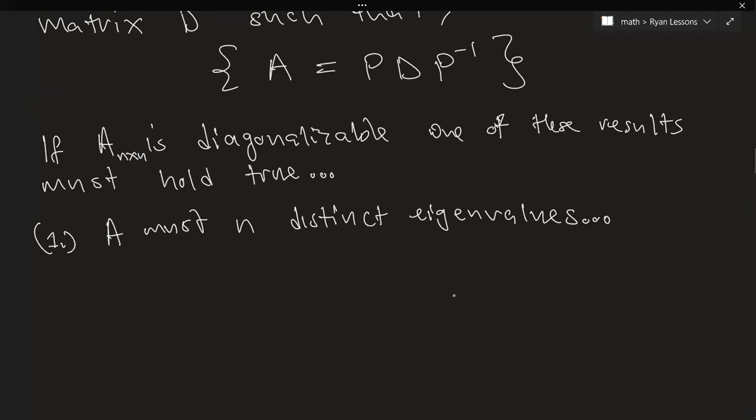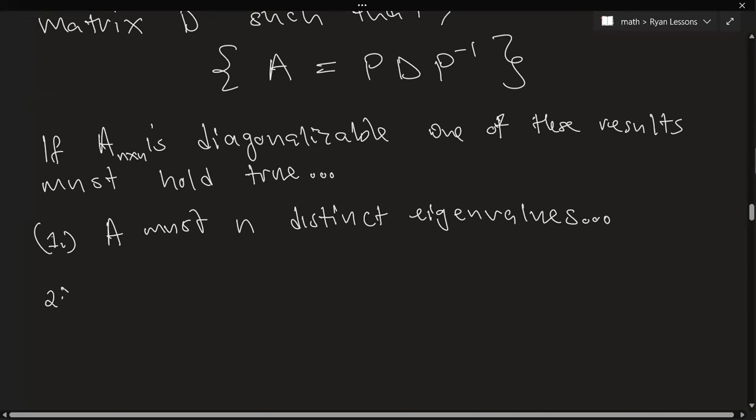Or 2, suppose we do not have that, but some eigenvalues repeat. Then what else must be true?